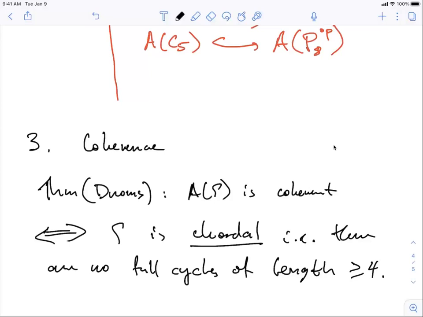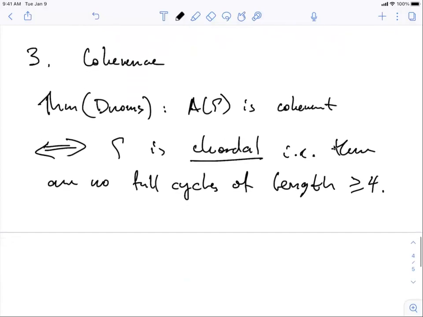Then every such graph is automatically chordal. And coherence is required for compact three-manifold groups by Scott's core theorem. Great. So that's maybe all I'll say about that.